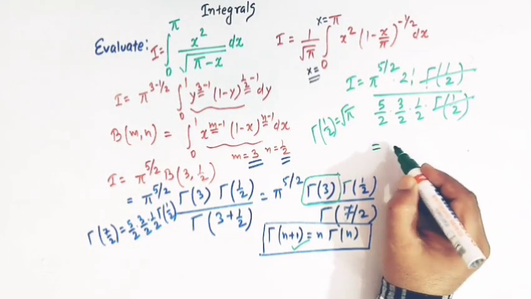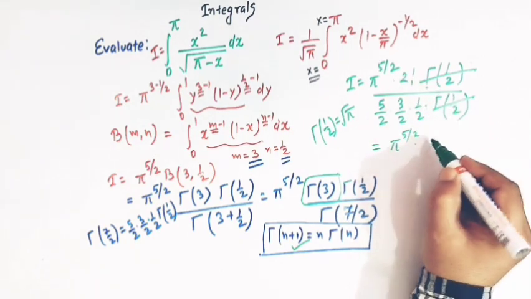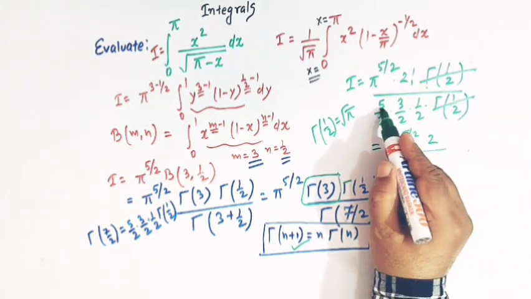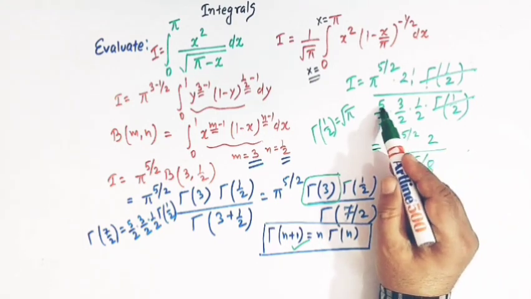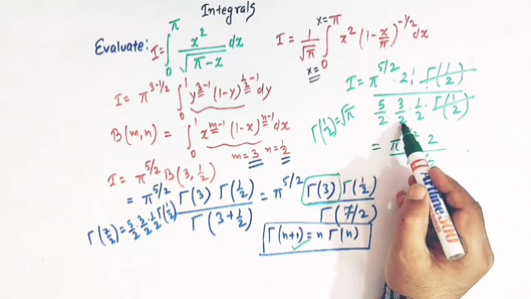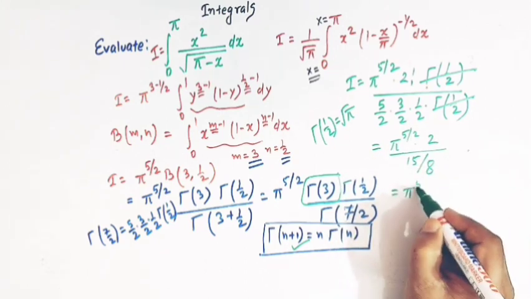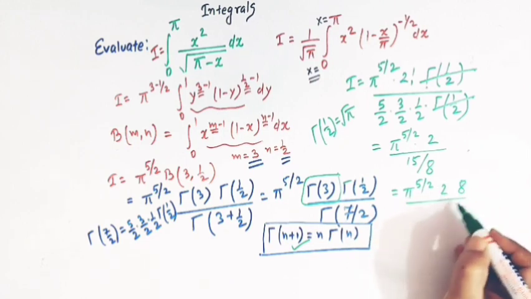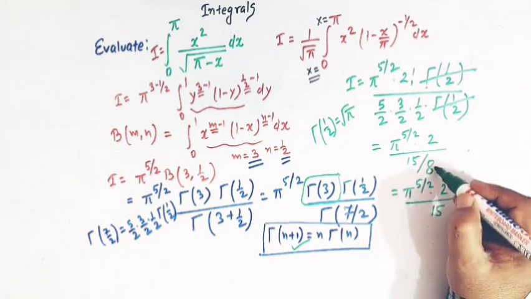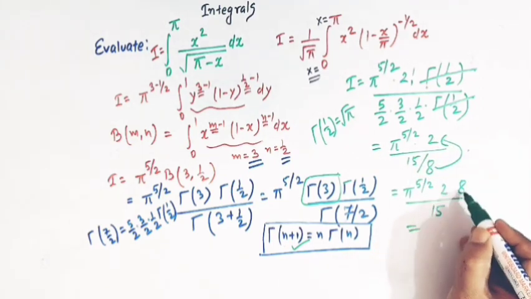So now we have pi raised to 5 by 2. 2 factorial is 2. Here we have 15 divided by 8, right? 5 3s are 15. 2 times 2 times 2 is 8. And we have pi raised to 5 by 2, 2 times 8 divided by 15, right? So taking this 8 to the numerator, 2 8s are 16.